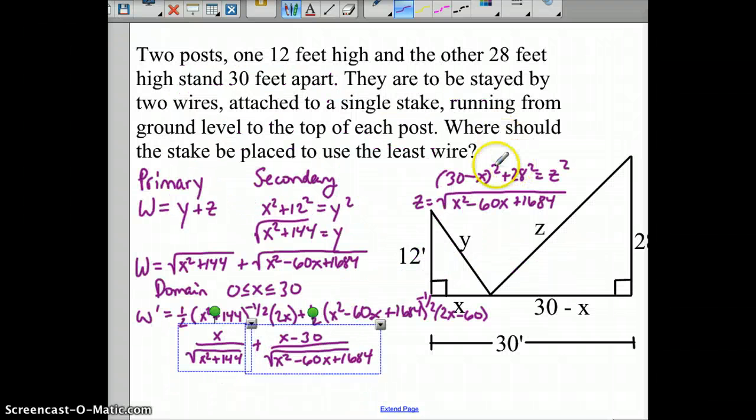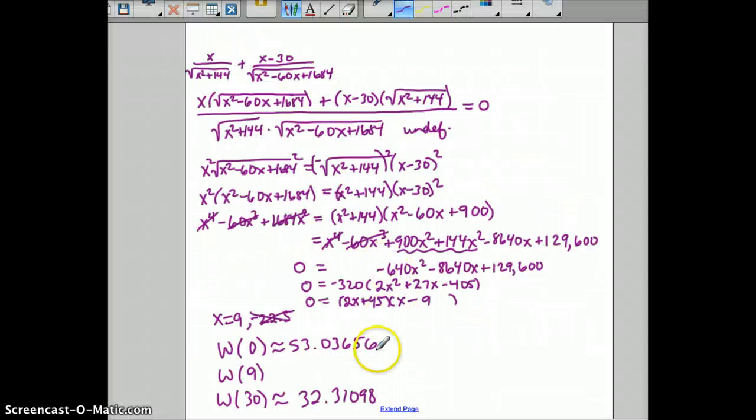And then we'll put 30 in here. So we'll have 30 squared minus 60 times 30 plus 1684. So that's 784. The square root of 784 is 28. So plus 28. So there we have about 60.31098.